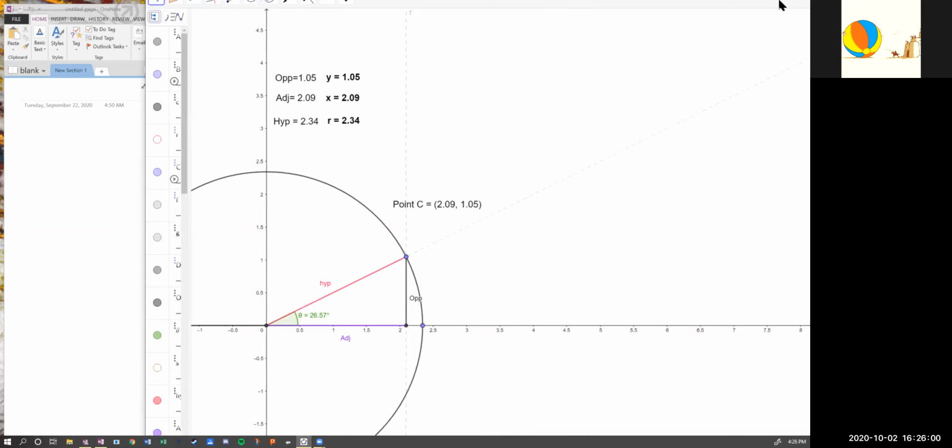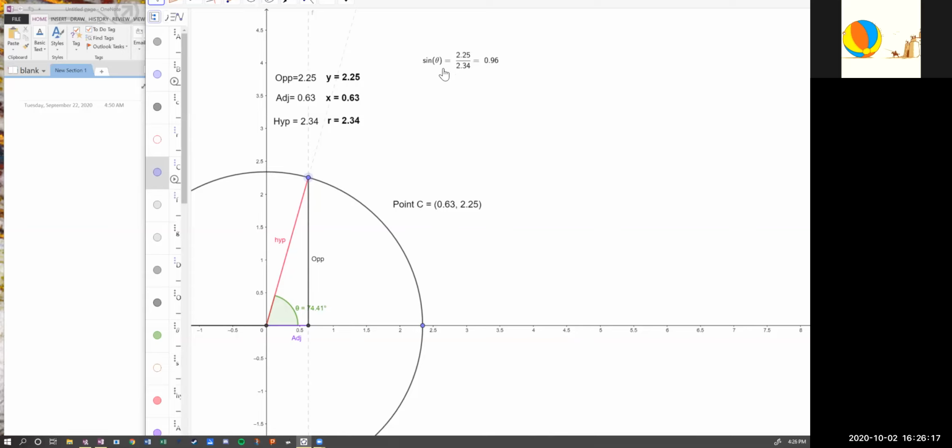Now, it doesn't change any of our values. For example, if I grab our sine function here again, notice those x and y values stay exactly the same as our opposites and adjacents.